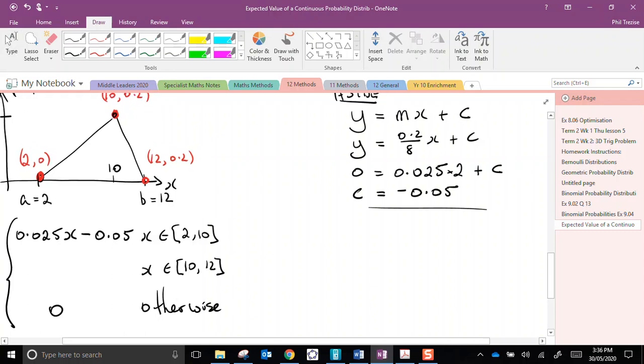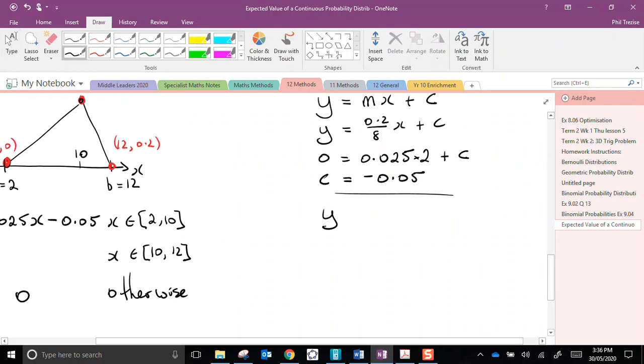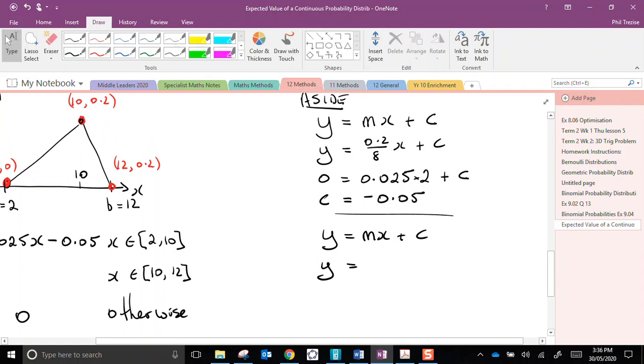Now the second one. Same thing really, y equals mx plus c. This time we're moving from, oh, there's a horrible little typo. The y coordinate of that point there is of course 0. Lucky I noticed that. So remember, it's alright to make mistakes as long as you notice them and fix them as you go.